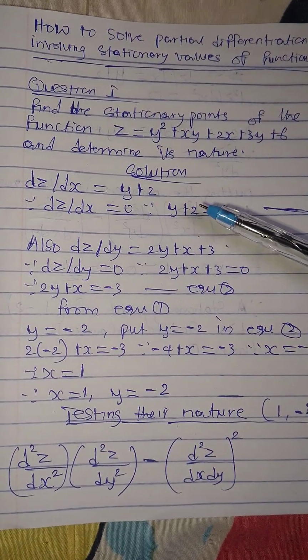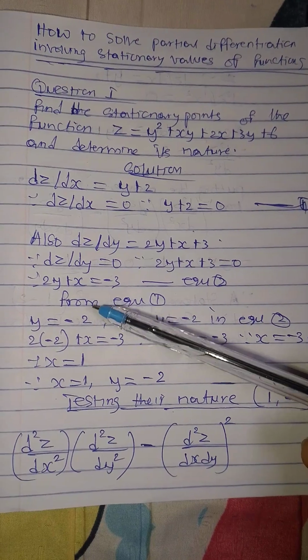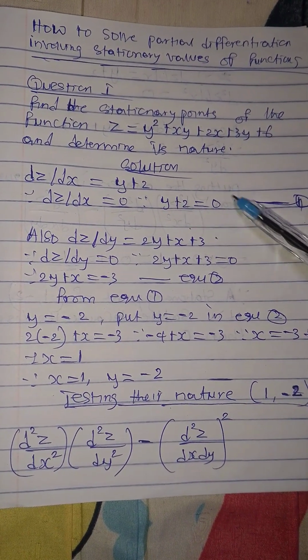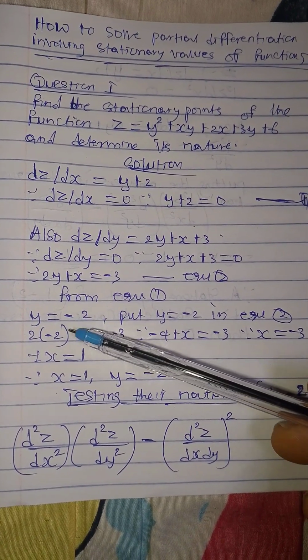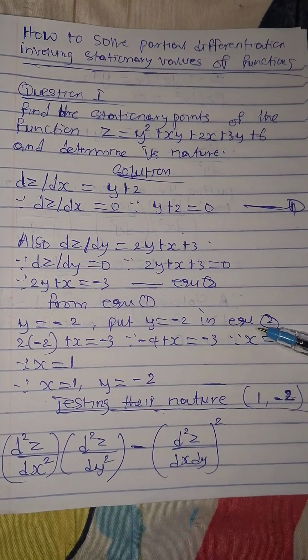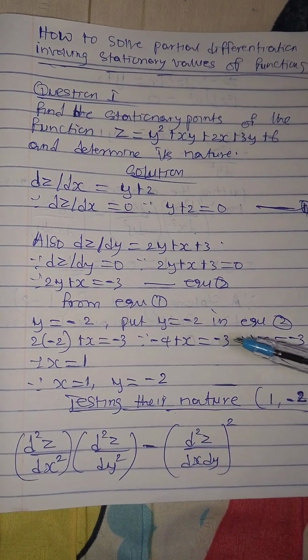Now let's solve equation 1 and 2 simultaneously. From equation 1, y is equal to what? 2 crossover becomes minus 2. So y is equal to minus 2. Now put y equals minus 2 in equation 2. Any place I see y here, I put minus 2.